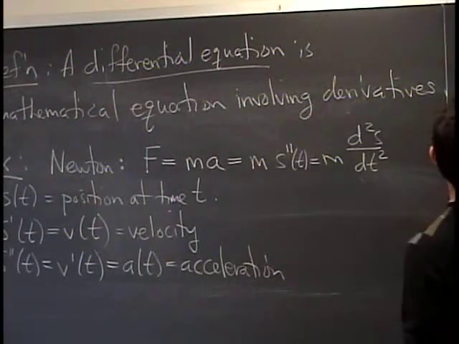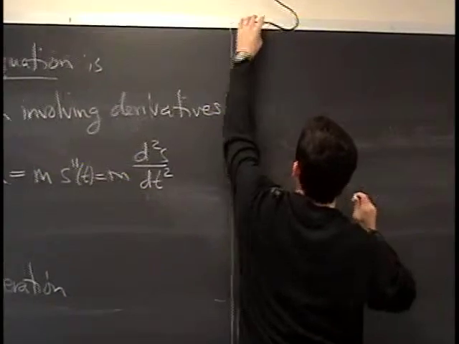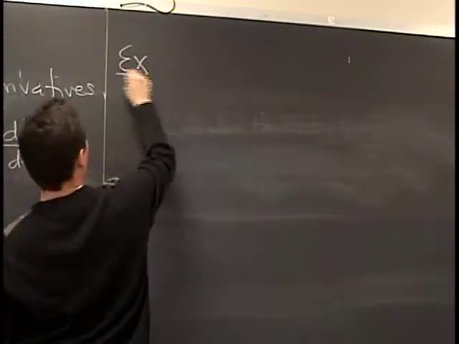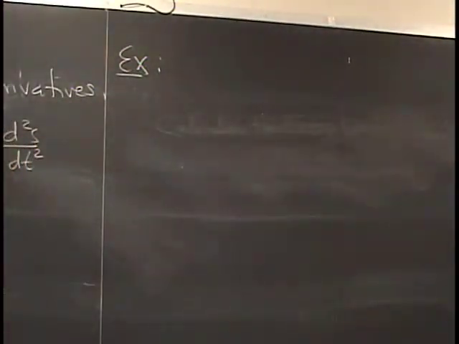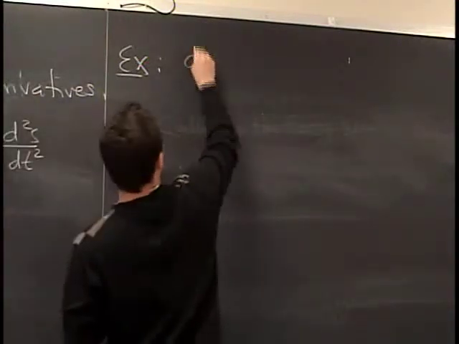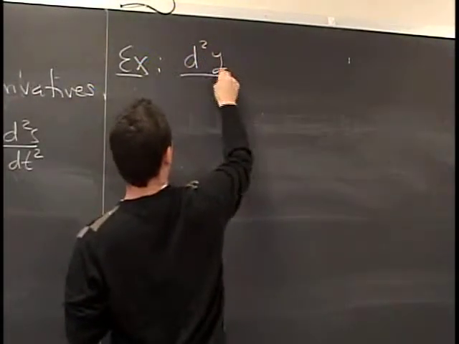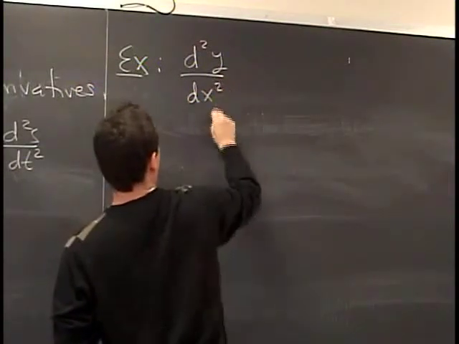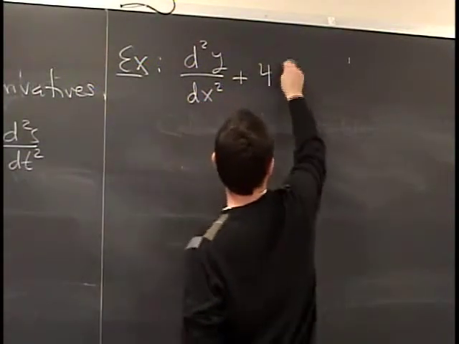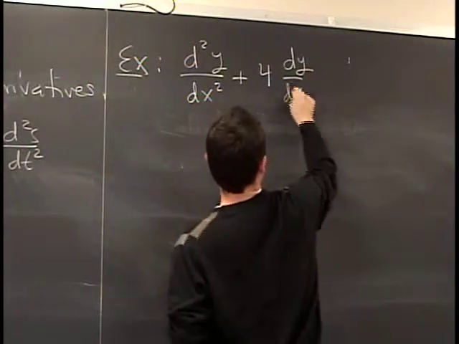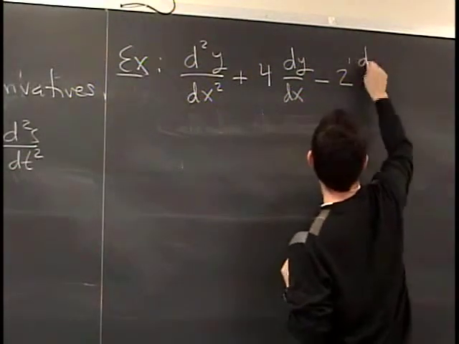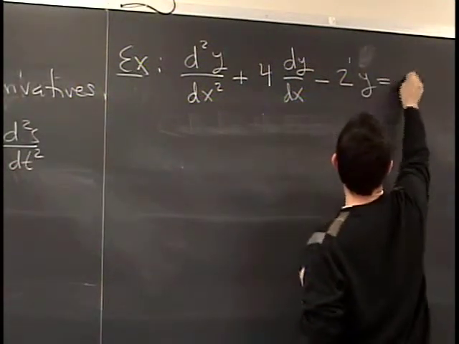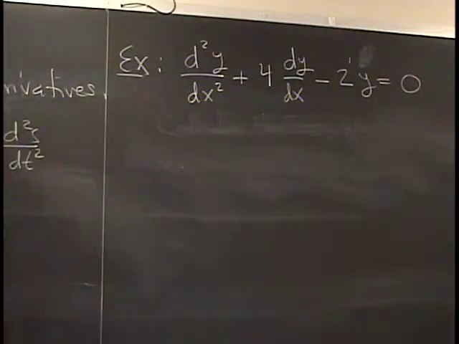Let's see some other examples. Let's do some ones that seem utterly random. d squared y by dx squared plus 4 dy dx minus 2 y equals 0. It's an equation.